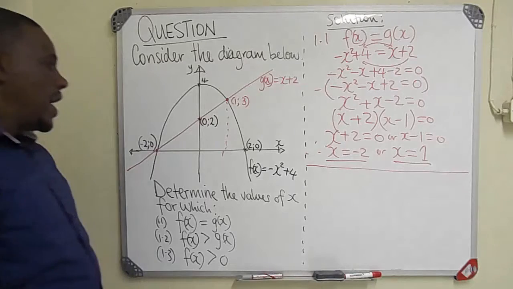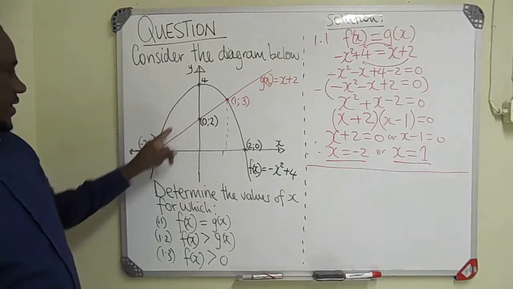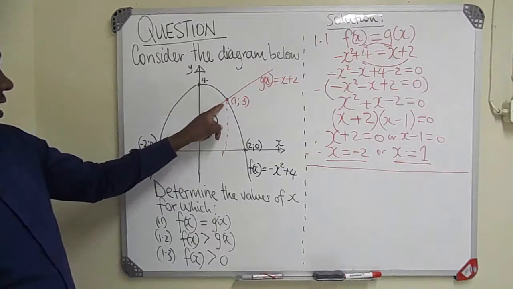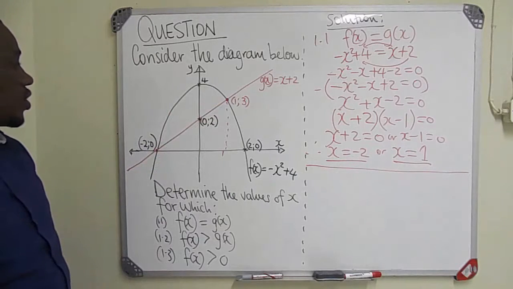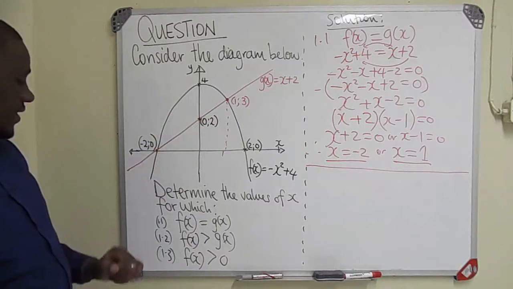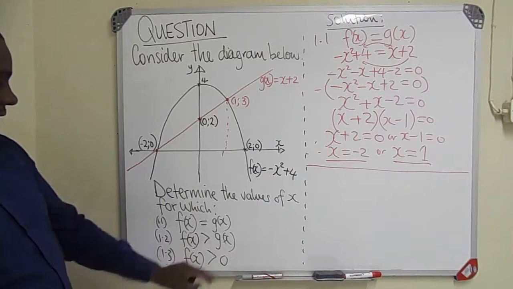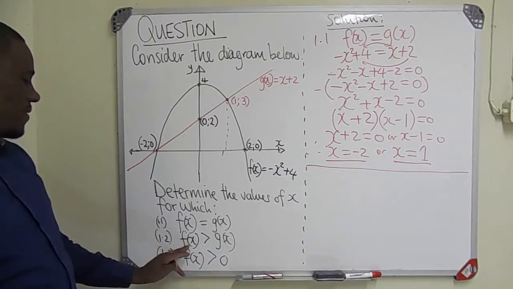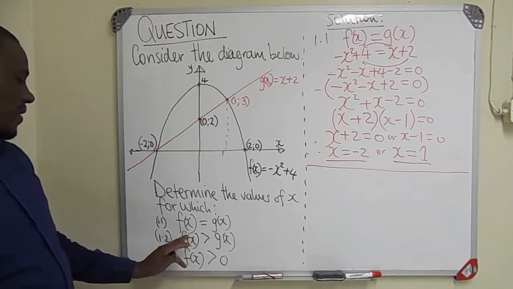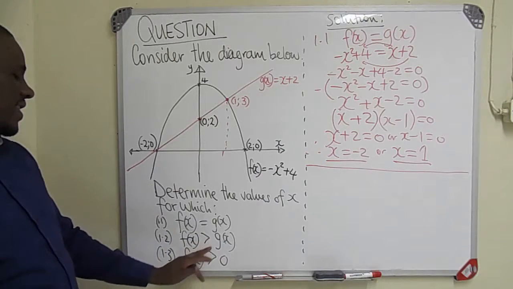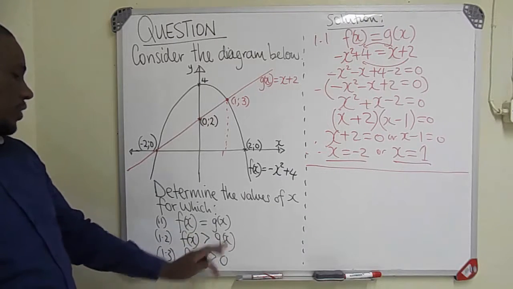Now, when the graphs meet here and there, one of the graphs goes on top and the other one is below. F of x greater than g of x means the y values on f of x that are greater than the y values on g of x.